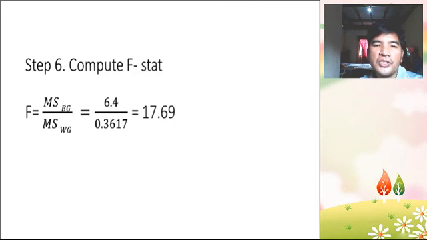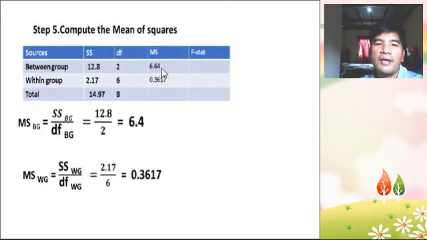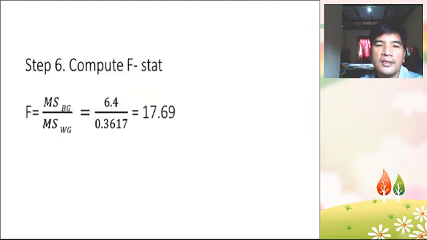The MSBG is 6.4 and the MSWG is 0.3617. So 6.4 divided by 0.3617 equals 17.69. So that is your F-stat, or the computed F.